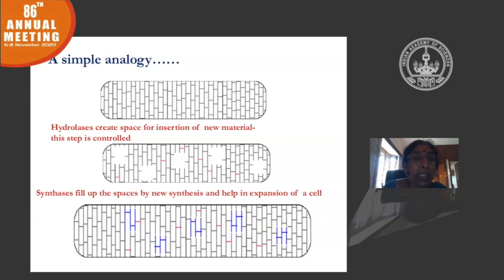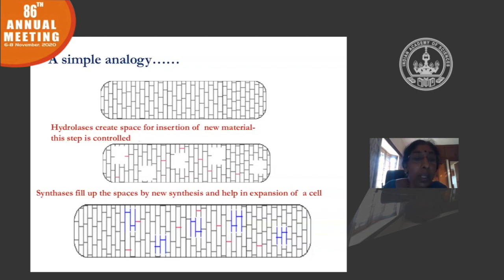This is a simple analogy which I am putting up. If you imagine that this rod-shaped cell is a room which is made up of bricks, then what you can actually see is that you have to break the bricks in order to make spaces for the insertion of new material, which is eventually filled up by the successful expansion of the peptidoglycan sacculus.